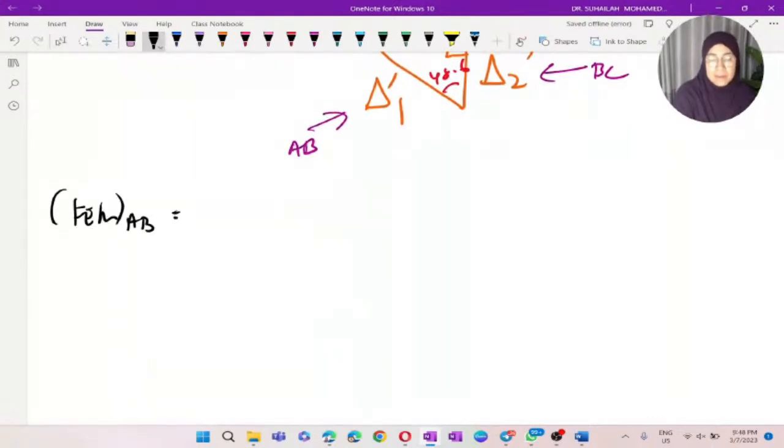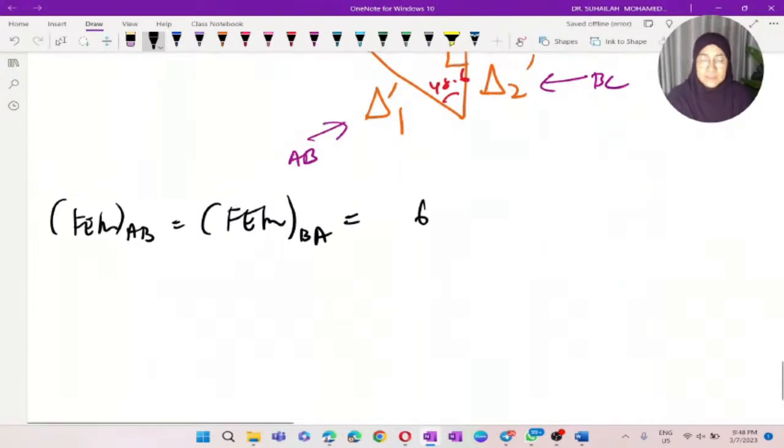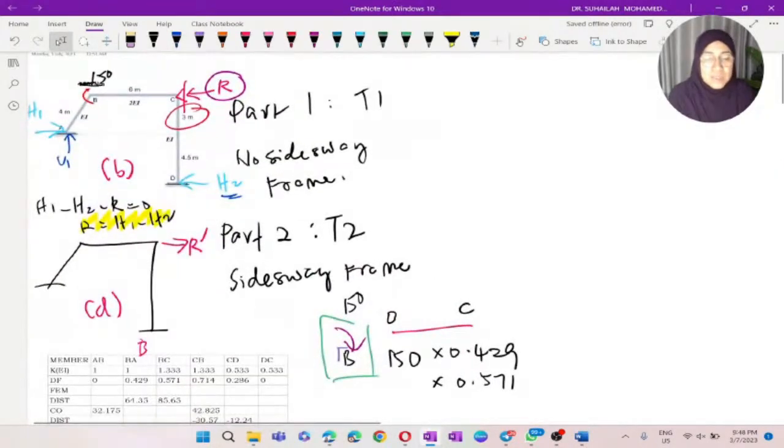So in order to calculate the FEM, for AB and BA, the formula is 6. Check whether EI is constant or not constant. So 1 to 1, 1 to 1.